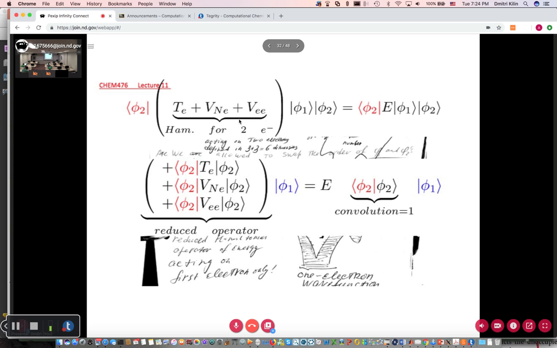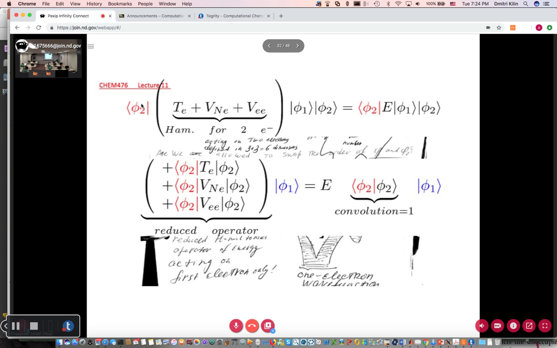So if we follow the rest of the lines, we'll see the following thing. Before we practice this red bra vector, in the brackets we used to have the Hamiltonian for 2 electrons that depends on 2 vectors or 6 Cartesian projections.